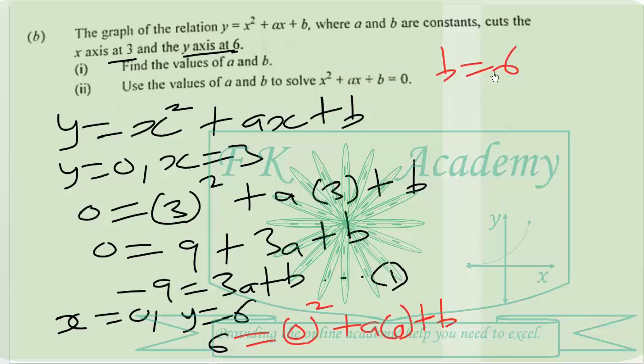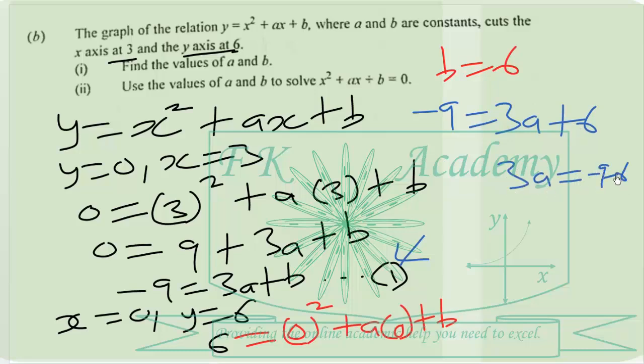So if b equals 6, then we can put this into equation 1 to find the value of a. So we have negative 9 is equal to 3a plus 6. So 3a is equal to negative 9 minus 6, which is equal to negative 15. Dividing through by 3, we get a equal to negative 5. So a is negative 5, b is 6.